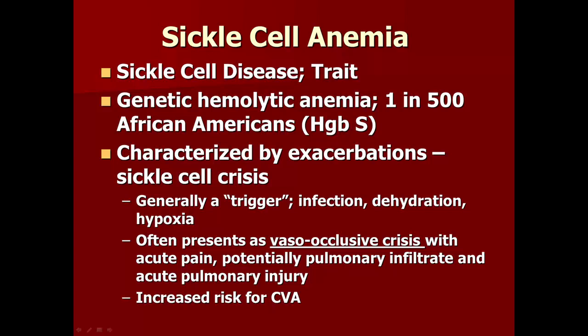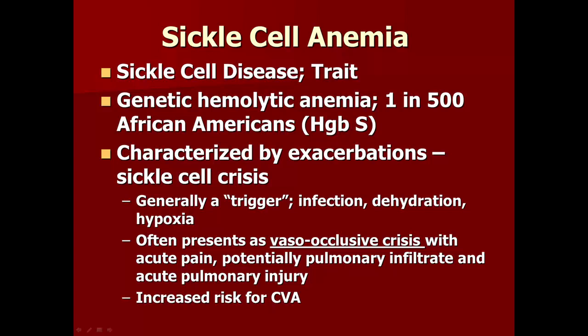Generally, a sickle cell crisis is an exacerbation. In a sickle cell crisis, there has generally been some sort of trigger, and that trigger can be infection, it may be dehydration, it may be hypoxia. This often presents as a vaso-occlusive crisis because those sickled cells, those abnormally shaped cells, can't pass through the capillaries the way they are supposed to.